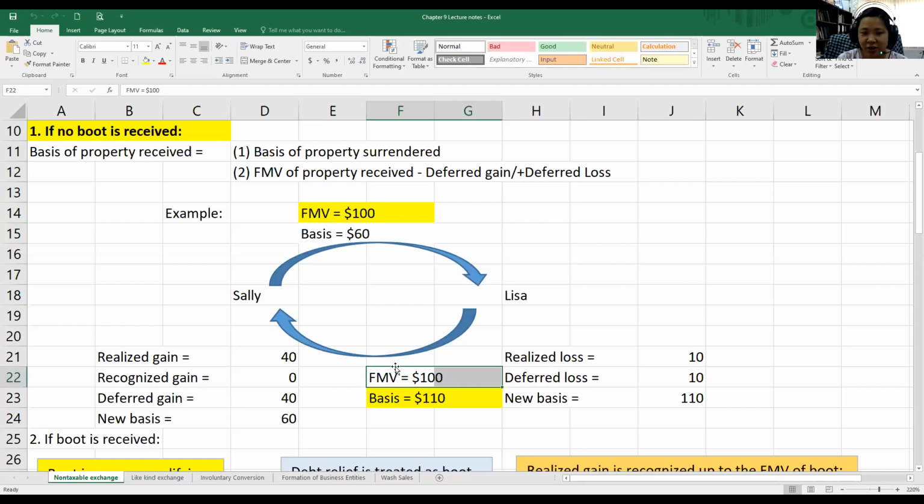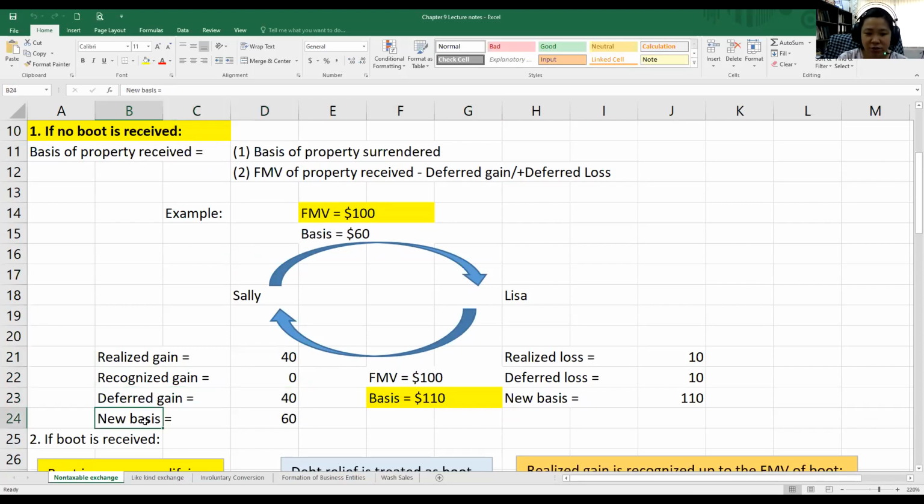So she will have a realized gain of 40. Because this is a non-taxable exchange, her recognized gain will be 0. She doesn't have to pay tax on any gain, so her deferred gain will be 40.